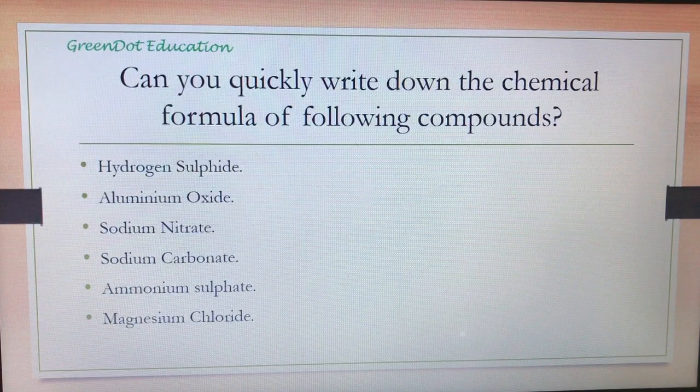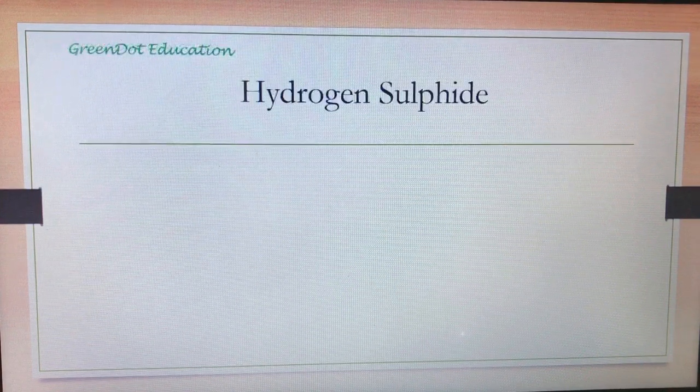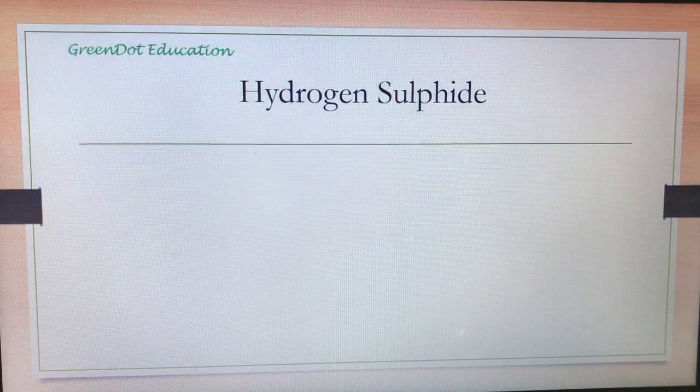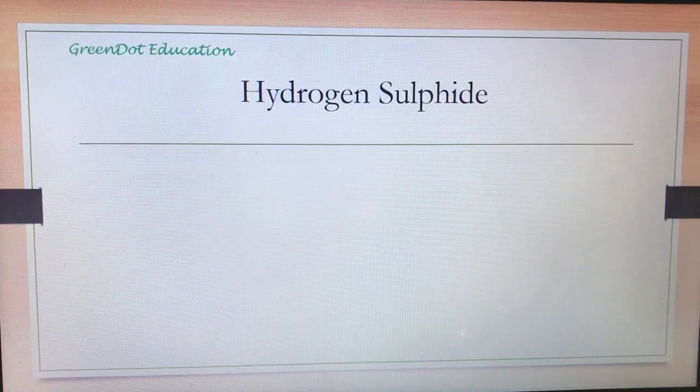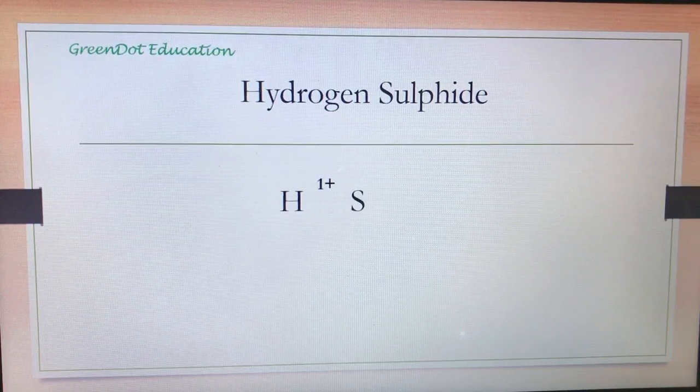Now we will try to write the chemical formulas of some compounds. First of all, we take hydrogen sulfide. The name itself suggests that it is a combination of two elements, hydrogen and sulfide. Chemically, hydrogen is denoted by H and its valency is 1 plus, whereas sulfide is denoted by S, that is sulfur, and its valency is 2 minus.